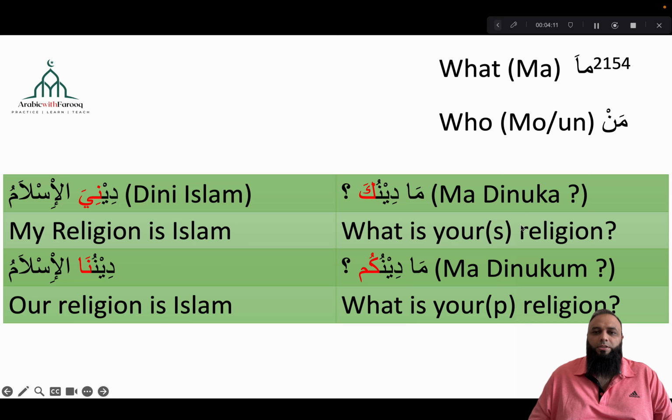So let's try to use a few words and make these questions. Over here, ma is used in the Quran 2154 times, and it's basically used to form a question. It depends on the context, but in this example it would be used for questions.